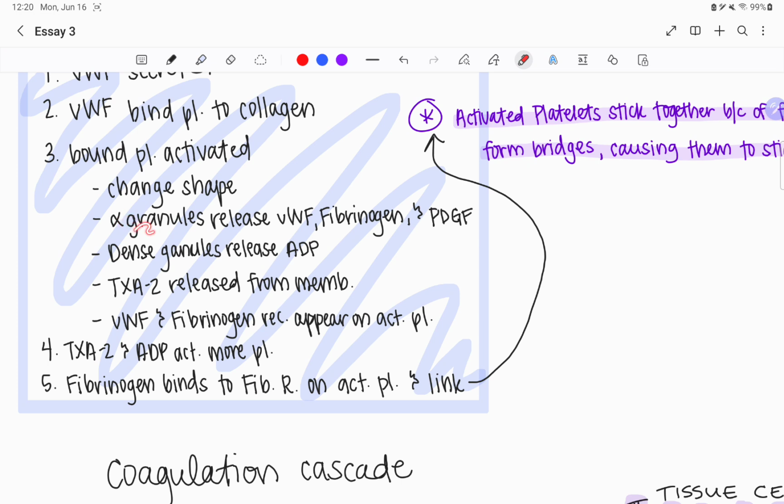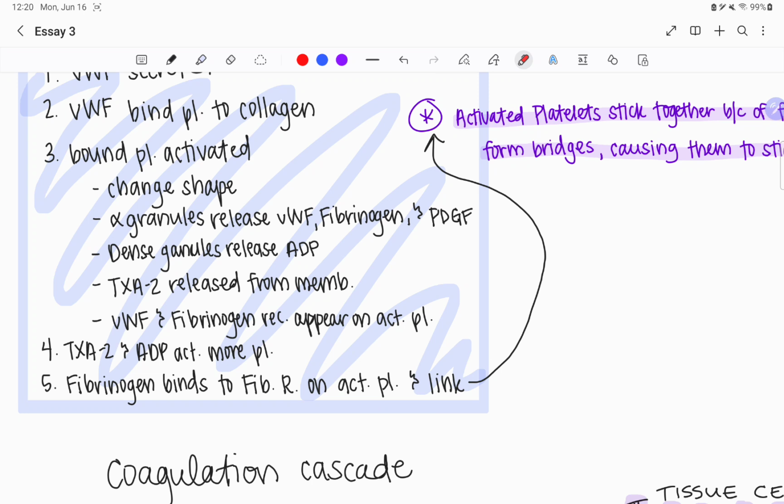It also has, platelets have these granules here, alpha granules and dense granules. Alpha granules release more VWF, fibrinogen, and what's called platelet something growth factor. I gotta find it. Hold on.